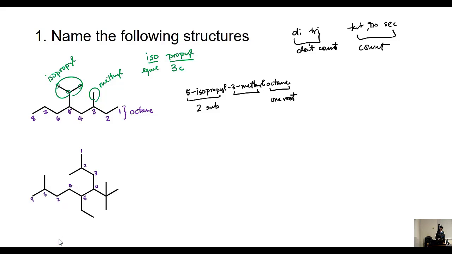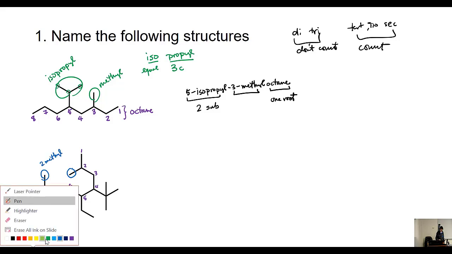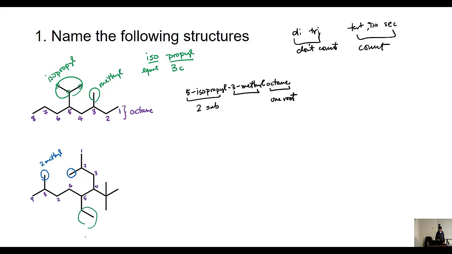All right, so on my groups, I have 2 methyls, 1 ethyl, and I have one of these things. What is this called?